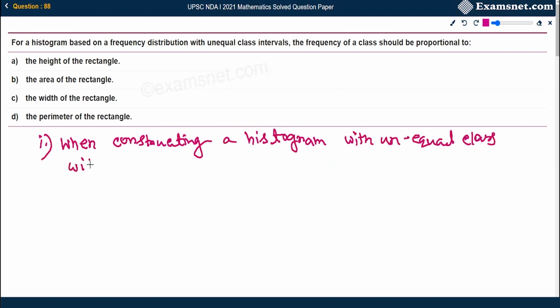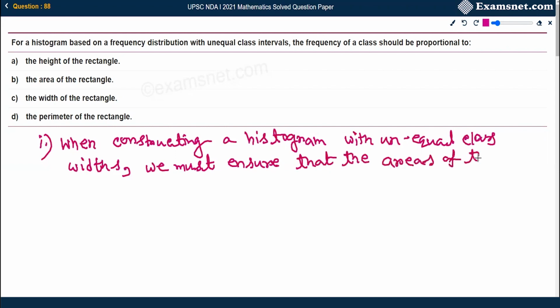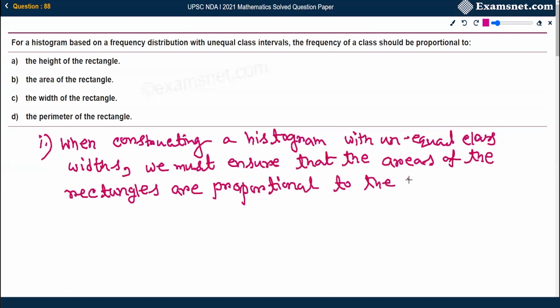Class widths, we must ensure that the areas of the rectangles are proportional to the class frequencies.